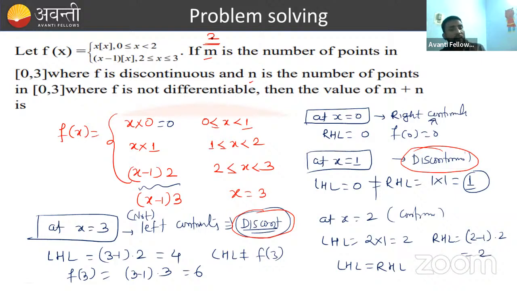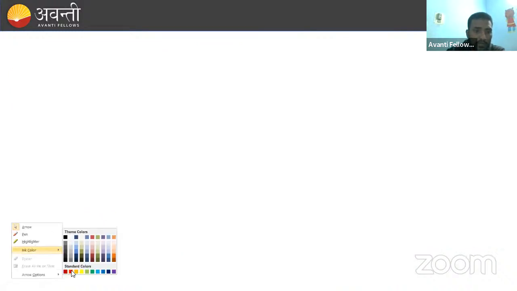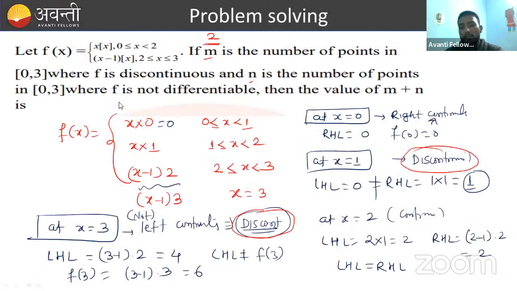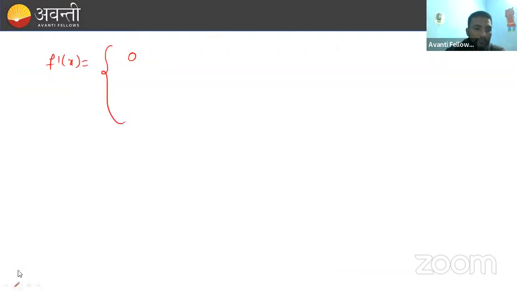In that case, we can either draw the graph, or we can find f dash x. One by one I will find f dash x. The first one is 0, so it is fine. The second one is x, so it is 1. The third one is 2 into x minus 1, so this is 2, and the other one is 3.